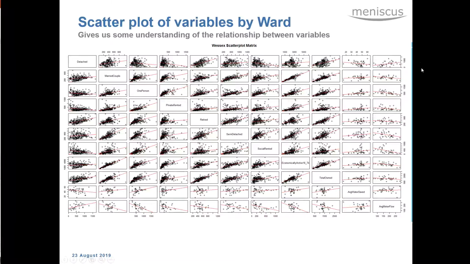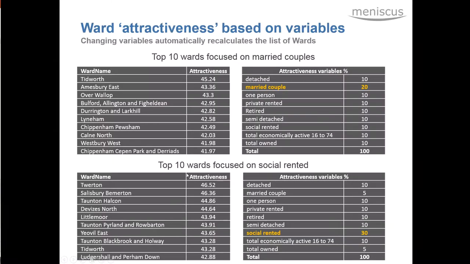So what this has enabled us to do, by bringing all this into one place, is to allow Wessex to focus and be able to say which are the wards that would offer them the best returns. If they said, right, we want to focus, for example, on married couples, and married couples are well linked with total economic activity, so the chances are that they may have the higher water consumption.